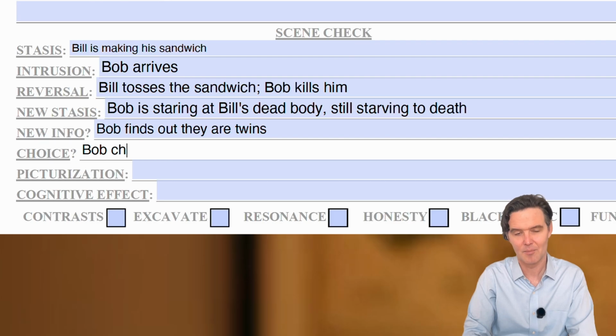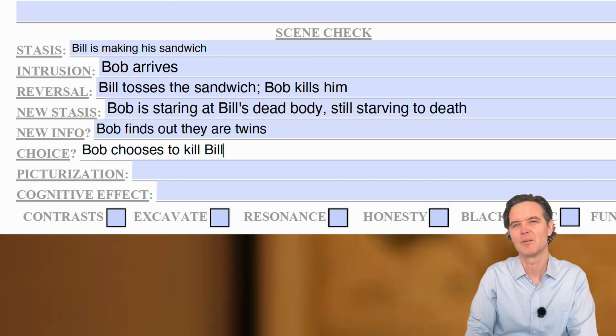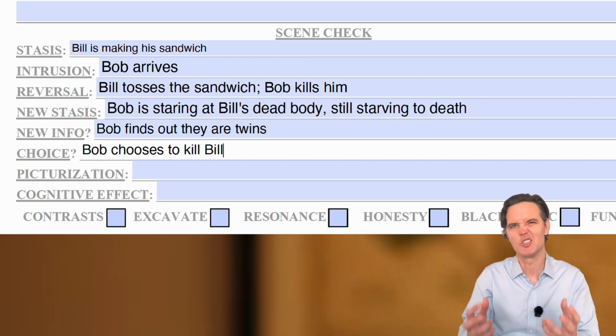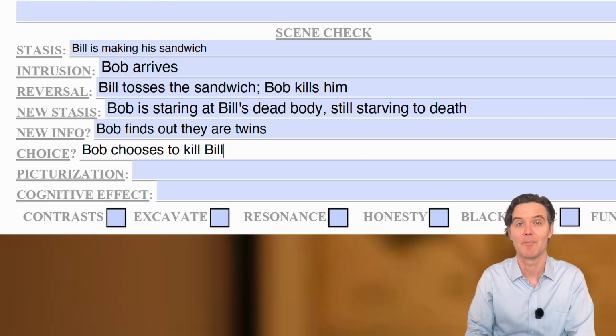You get the idea. So the choice was, actually, Bob chooses to kill Bill. And that choice makes him lose his soul. Murder can also, of course, be something that just happens, but let's just add this as an example of a good, juicy choice that someone could make.